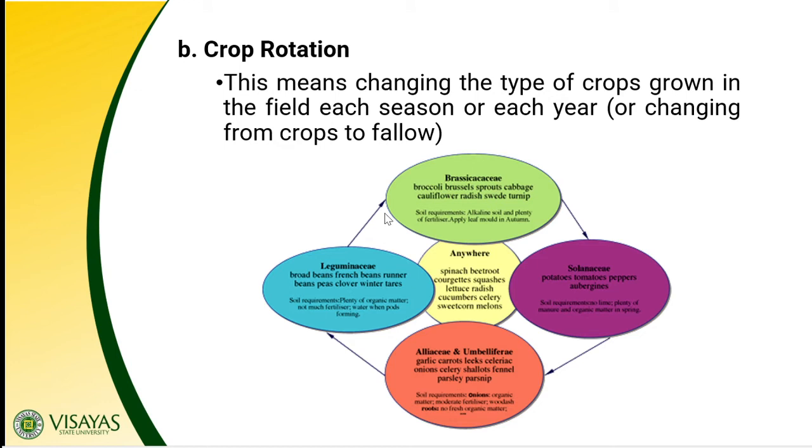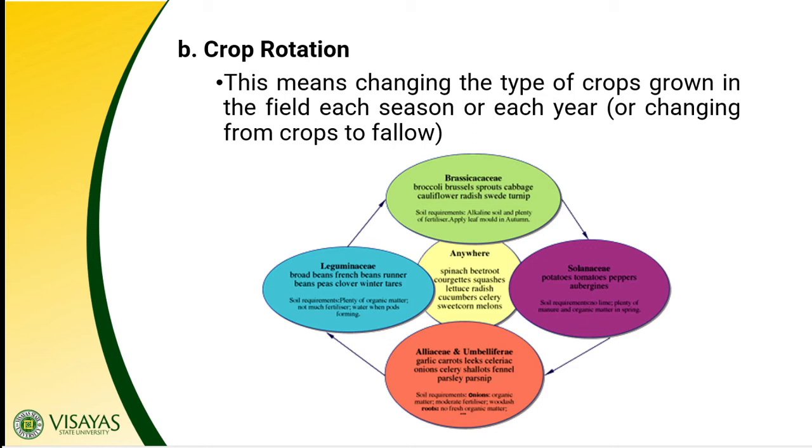So if we will start here from Leguminosae family, when you say Leguminosae, this refers to the beans. So after the beans or the legumes, we will plant Brassicaceae crops. Members of these include the broccoli, the cabbage, cauliflower, radish, and others.